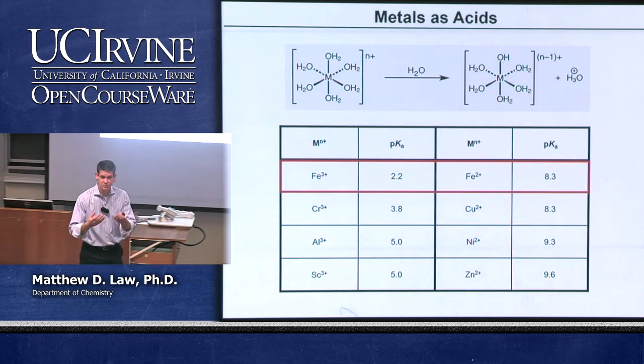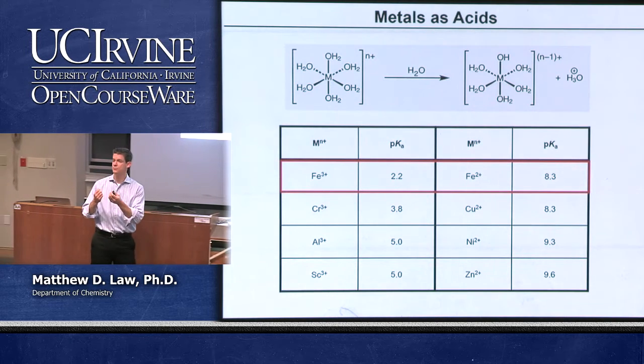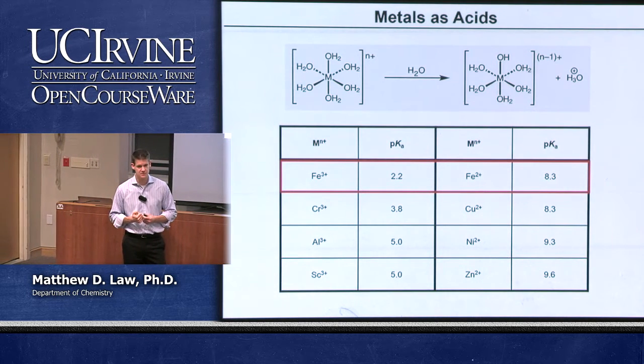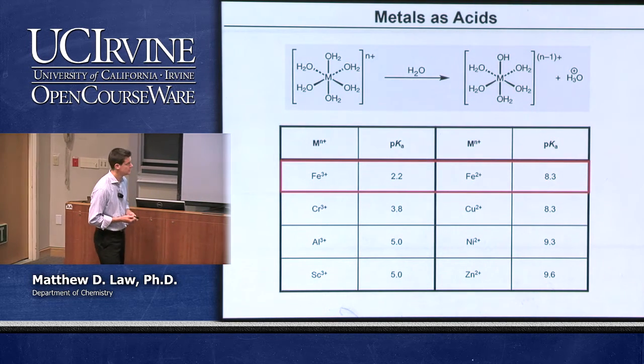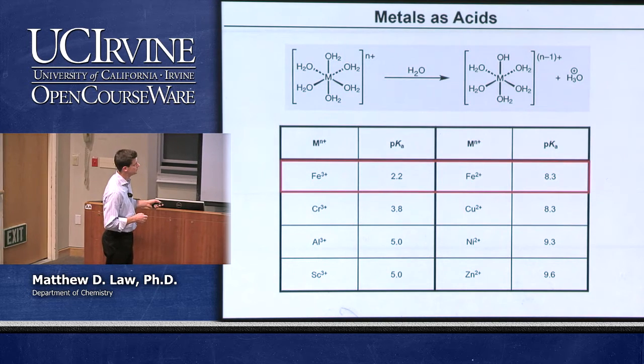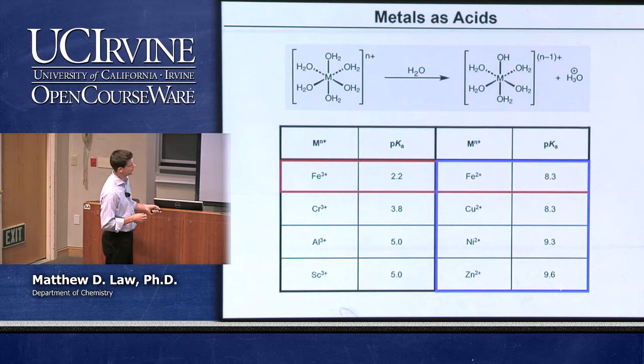And this is because when you have iron 3+, you've got a lot of pulling power from that central metal, okay, that's going to polarize that oxygen-hydrogen bond. If you have iron 2+, you don't have as much polarizing power. And so you're going to have a weaker acid with iron 2+ than you would with iron 3+. All of the divalent metals, you can see, fall into a pretty narrow range of pKa values between about 8 and 10.